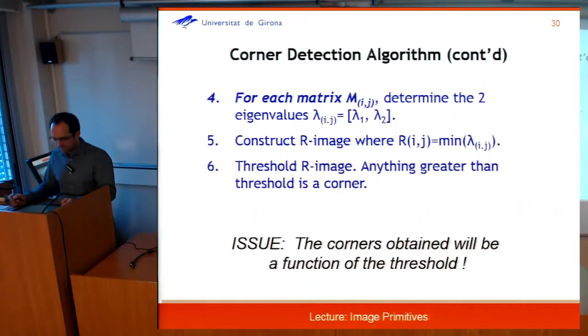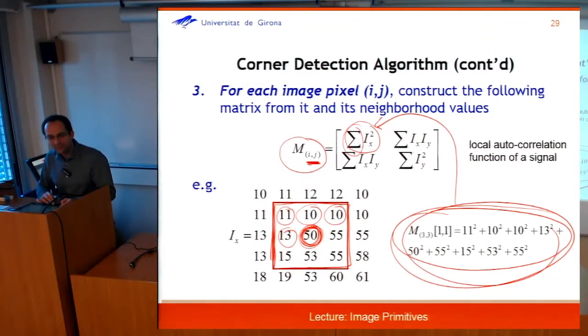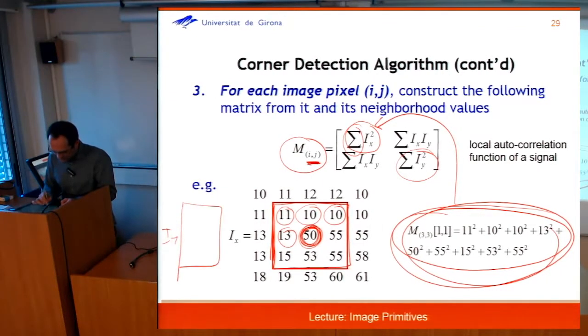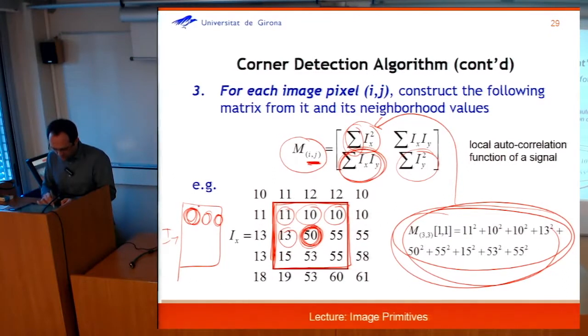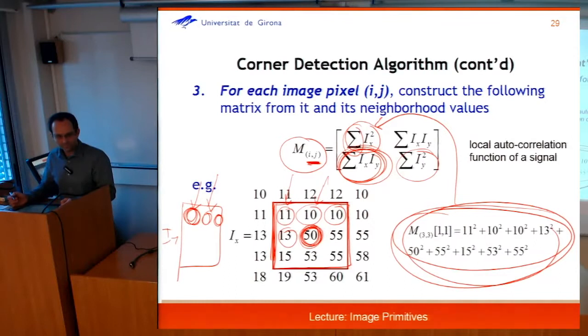Then I will do the same with Iy. Imagine I have Iy here, and I have the same window, so I take this squared, plus this squared, plus this squared, and so on. And for the off-diagonal terms, I multiply this times this, plus this times this, and so on. Okay, and I get this matrix M for pixel Ij.